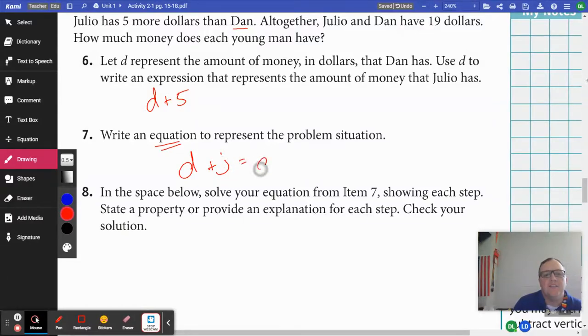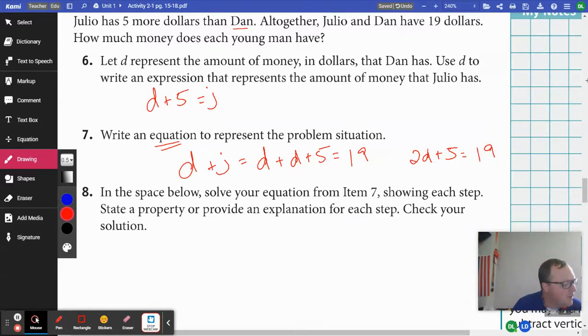Dan still has the D. Julio has, again, this is the J, Julio has Dan plus 5, and all that together equals 19. So another way that you can write this is 2D plus 5 equals 19.